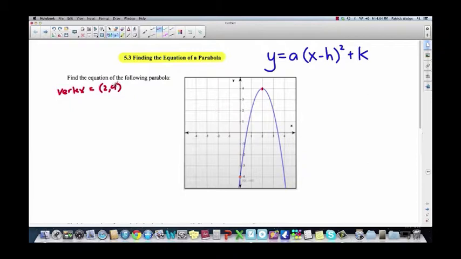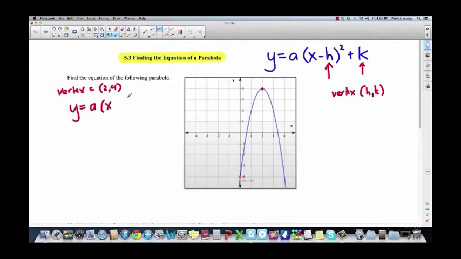Now, common mistake, this is not 4, right? How do we get the vertex? The vertex comes from the h and the k. The vertex is actually (h, k), right? That's how we get the vertex in standard form. So if we put the 2 into the h and the 4 into the k, what we have is y equals a(x.